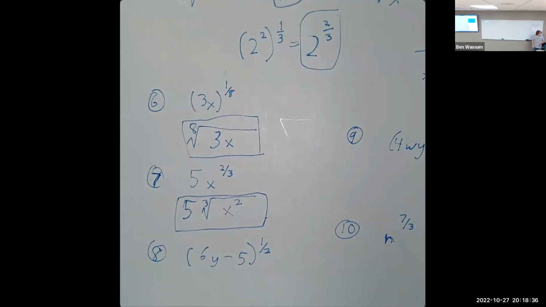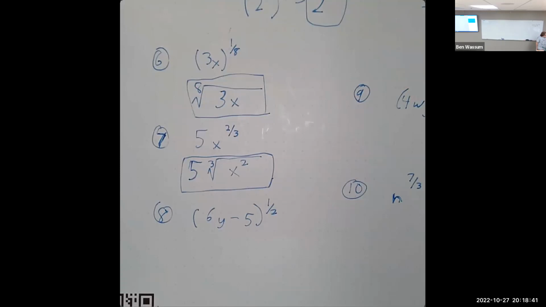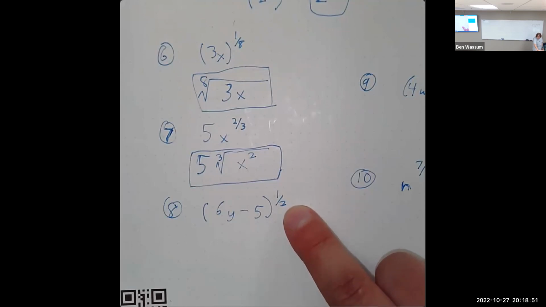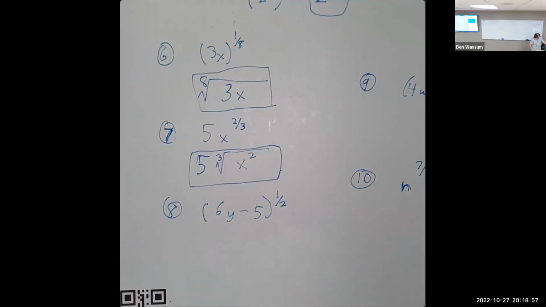Okay. What about number 8? You're gonna say easier, harder, or just the same? Exactly the same. Because we have a 1/2, which implies a square root. No powers here. We don't have to play with anything. In fact, we don't have the skills to play with anything there until the next week, when we start playing with binomials like that.